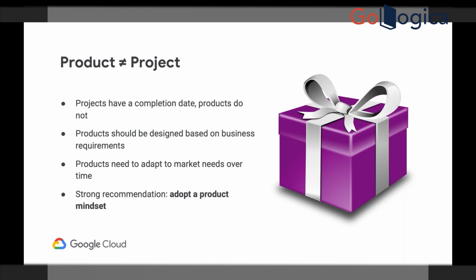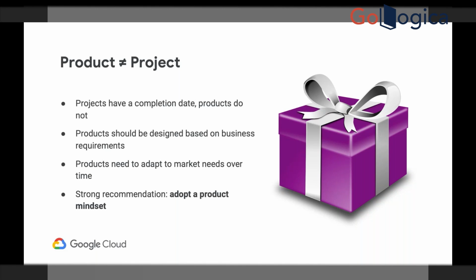And also, a lot of times I have seen people work from a project mindset. But we should not think from a project mindset. When we are dealing with APIs, we should not think of APIs as a project, but we should have a product mindset. The reason is that a project has a completion date, products do not have completion, right?